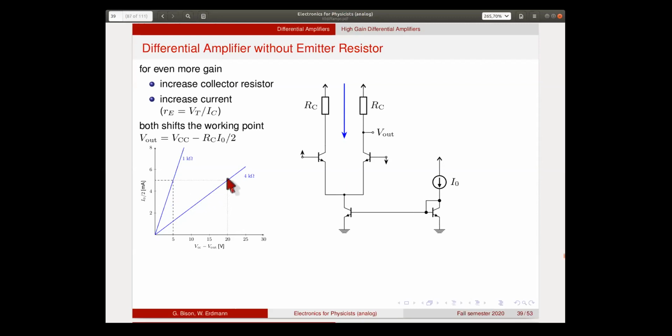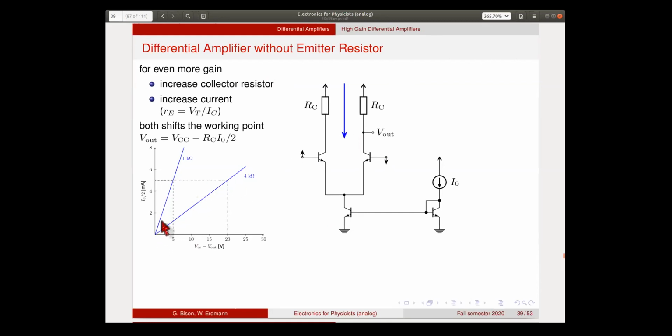If we go to 4 kilo ohm, we get 4 times higher gain, but our working point now has to go down by 20 volts. So this will only work if we have more than 20 volt supply voltage. So this is not practical. If you want a very high gain here, you cannot simply increase this resistance or the current to make your gain higher. This will then either need a very high supply voltage, or your amplifier simply will not work.